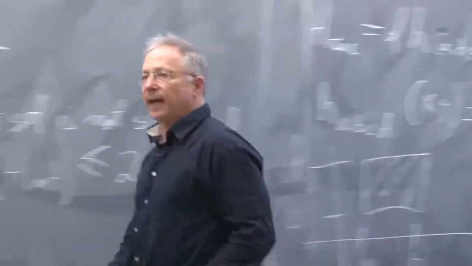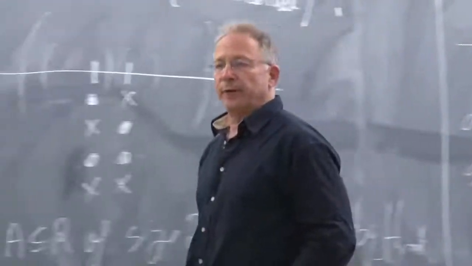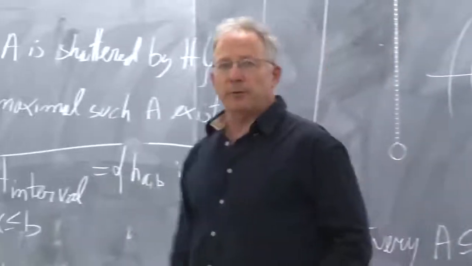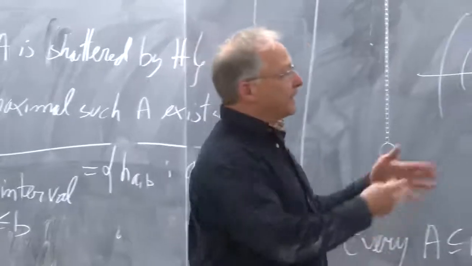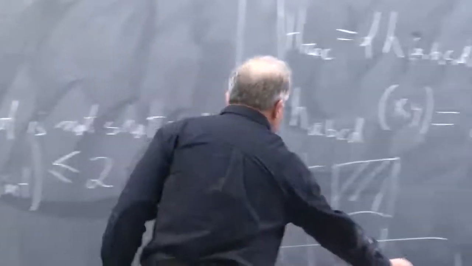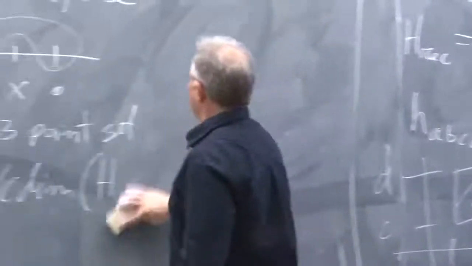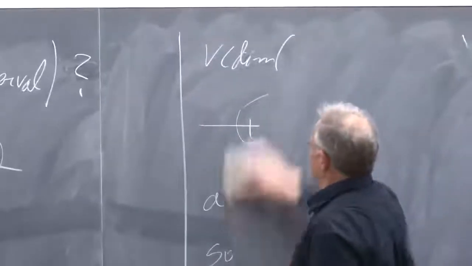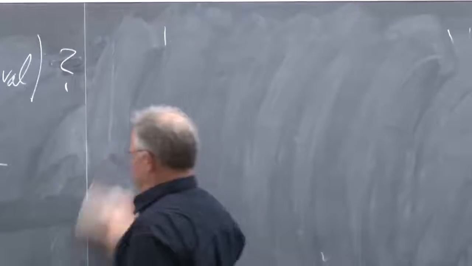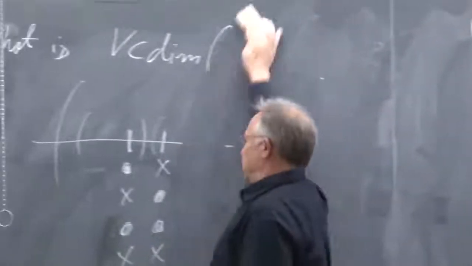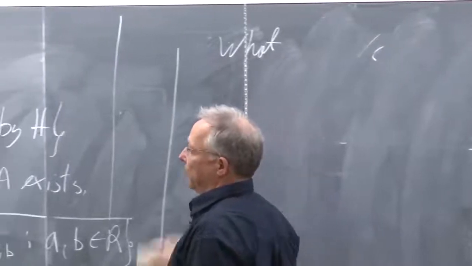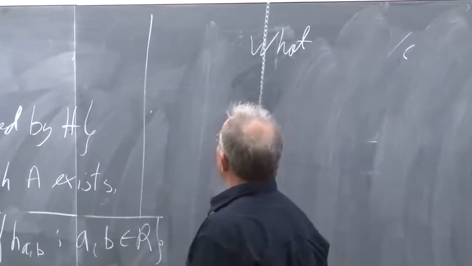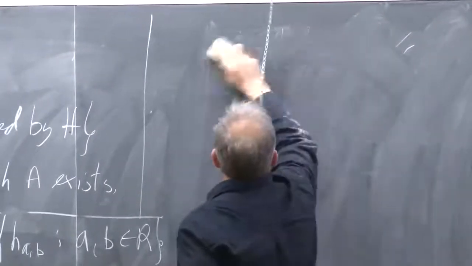So I'm looking at the set of all rectangles, and I want to figure out its VC dimension. All rectangles, all axis-aligned rectangles in R2. Okay, any guesses how big this VC dimension is going to be now?